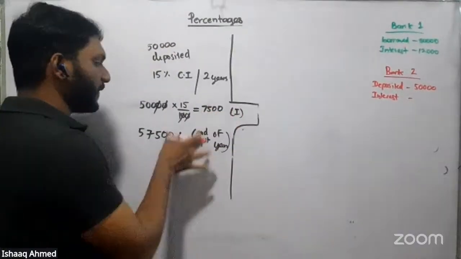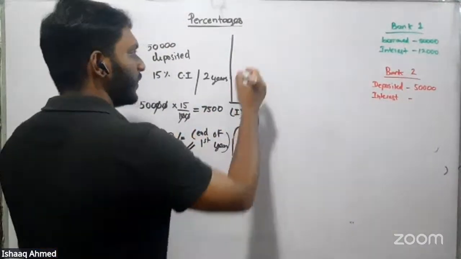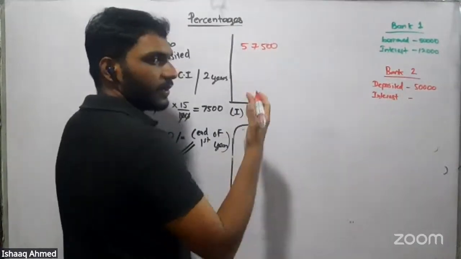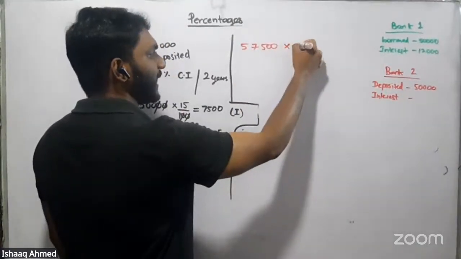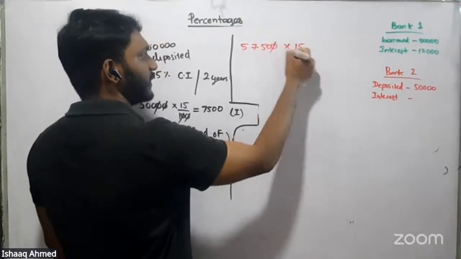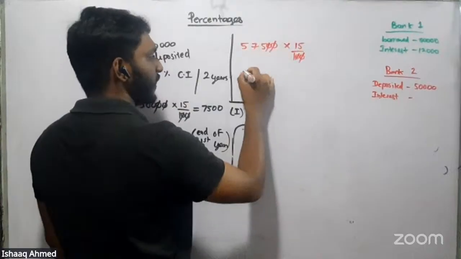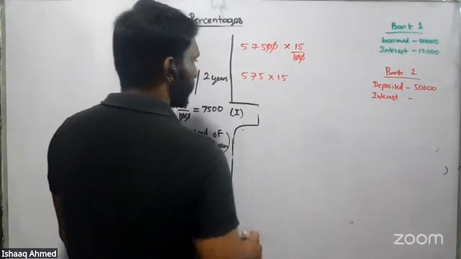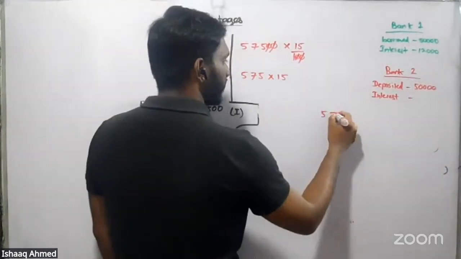So at the end of the first year, how much is there in his account? 57,500, no? Then second year, for what will interest be calculated? For 57,500. You can cut this and this. So 575 into 15. So how much is that? We have to multiply and see.